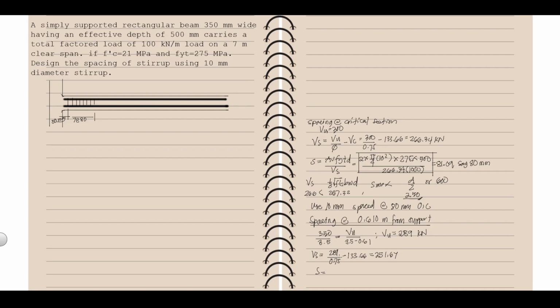So 85. Okay, so 85.82 mm. Okay, so say 85 mm. Okay, compared to S max, the same pa rin na 250. So we're going to use 85. So use 85 mm spacing.